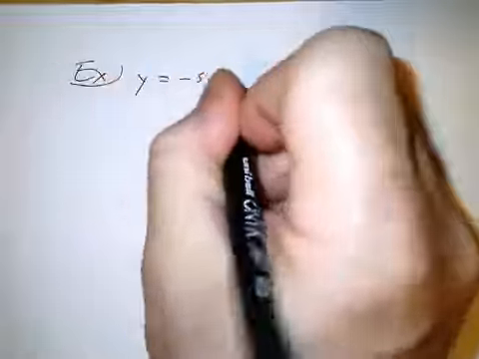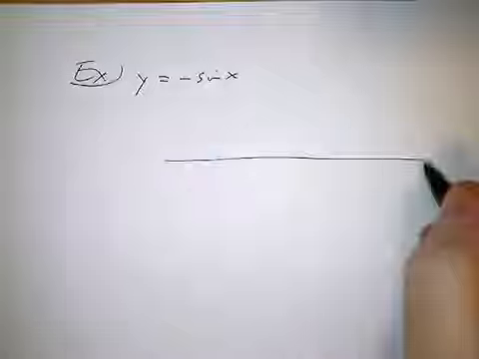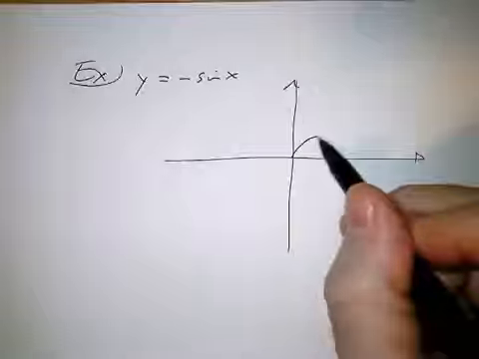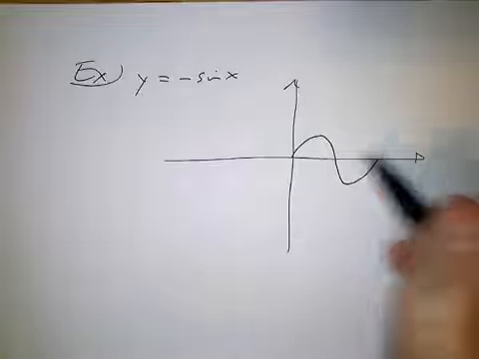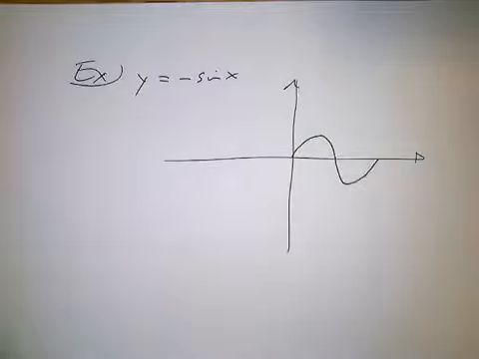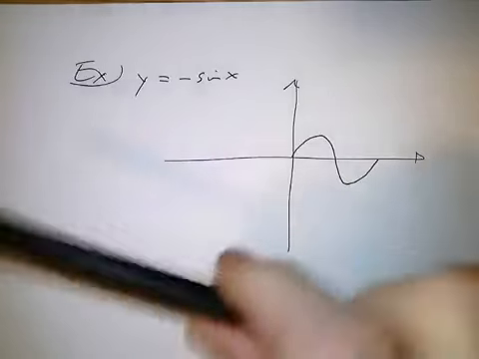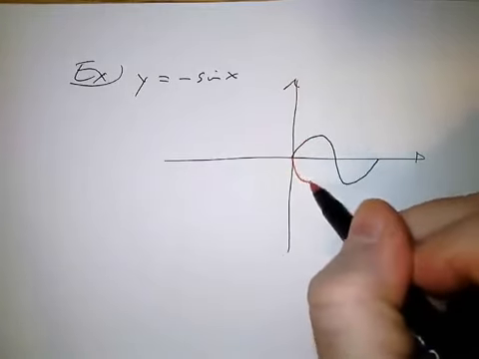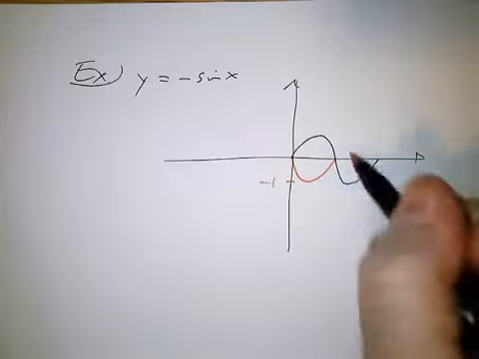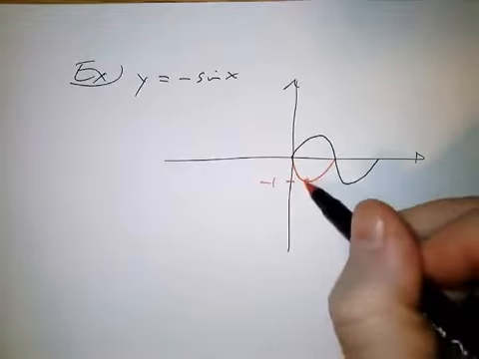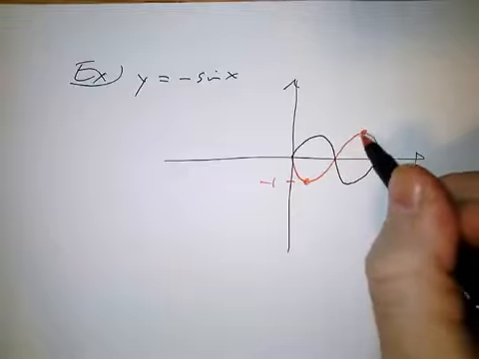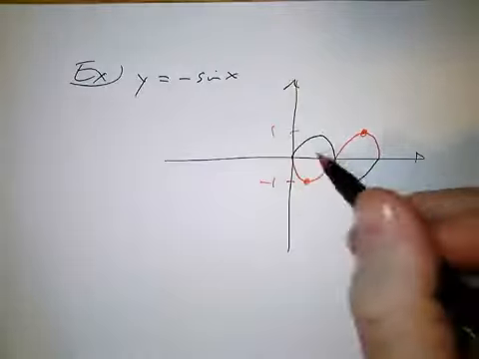Okay, finally, if we have a negative value, that's going to reflect about the x-axis. If I have y equals negative sine of x now, just think, all my y values are negated. And when I negate a y value, I flip it across the x-axis. So instead of being up here at 1, we're going to be down here at negative 1. And then, so that's that point. And then over here, instead of being at negative 1, we're going to be up here at 1.